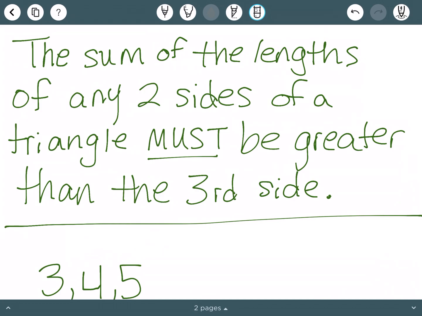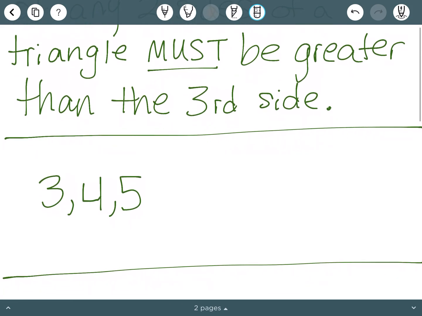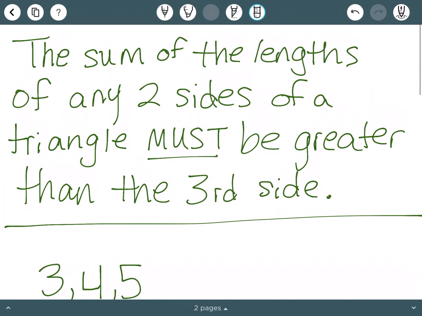We are going to be using that Desmos tool to help us determine, do the three lengths make a triangle? And then I'm also going to show you exactly what this entire rule means.